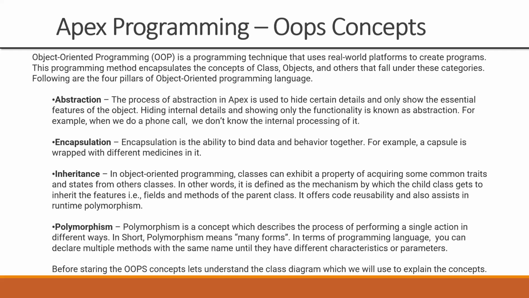Everyone has similar features, but some other features also. Whatever same features we have, we can create into one class, and whatever different features we have, we can create into a separate class. So when we extend the superclass to the subclass, or parent class to child class, it will inherit the features of the parent class also.